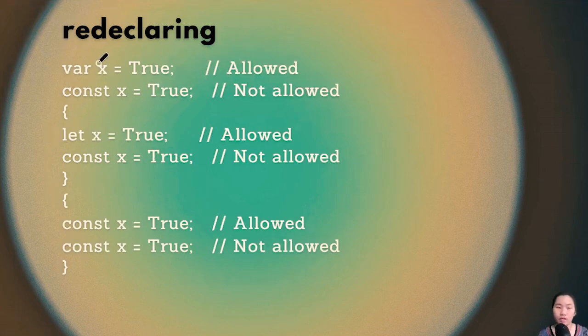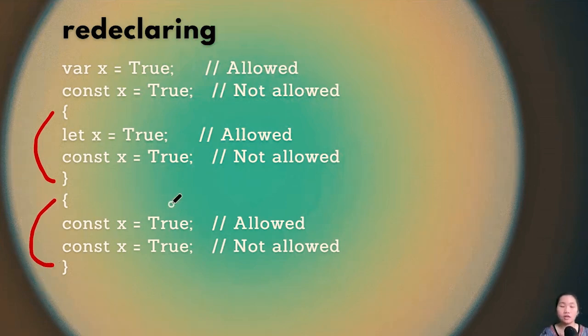Redeclaring. Now we go with var first, just so you can see the difference between starting with var, which is more general, and starting with const, which is specialized. So var x equals true, that's okay. The first block scope: let x equals true, that's okay too. Whatever happens in here, x is true. And then the second one, const x equals true, and that's okay too.